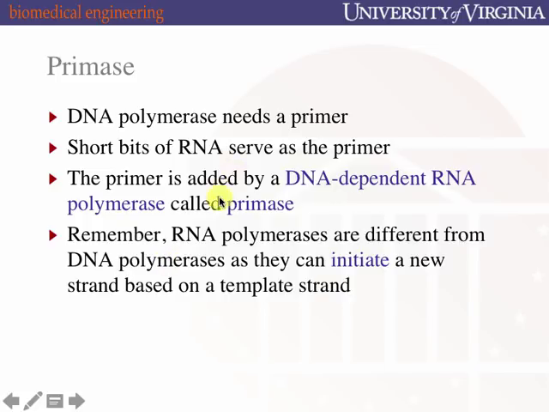What is primase? Primase is not a DNA polymerase, but an RNA polymerase. It's a special kind of RNA polymerase that's DNA dependent. What does that mean? That means that its template is DNA, but what it's laying down is complementary RNA rather than DNA.